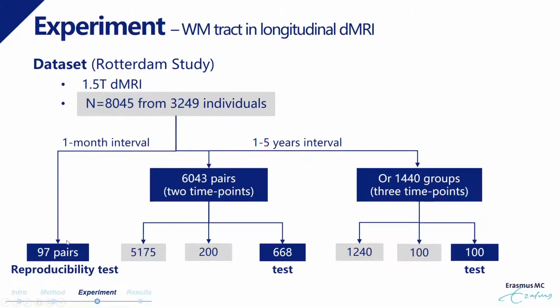Data from a set of 97 normal individuals who were scanned twice within a month was used for evaluations of reproducibility of the method, in which no changes in brain microstructures are expected. The scans from the remaining individuals were repeatedly acquired in a time interval of 1 to 5 years. These data were further split into training, validation, and test sets based on the participants.